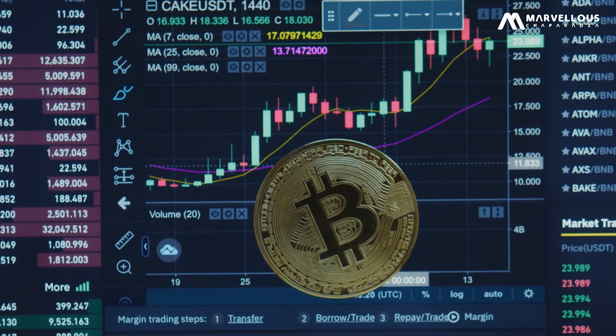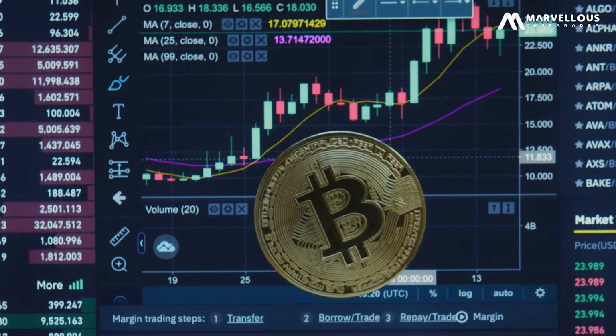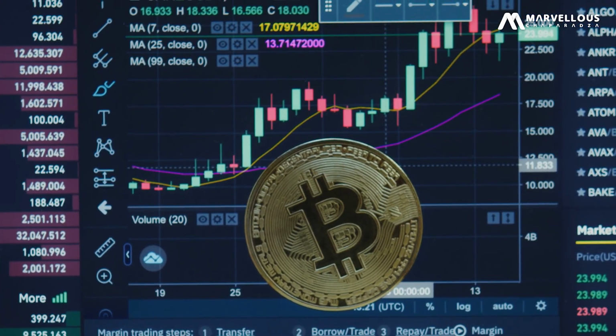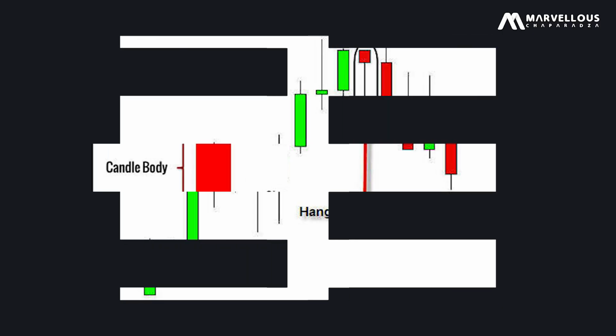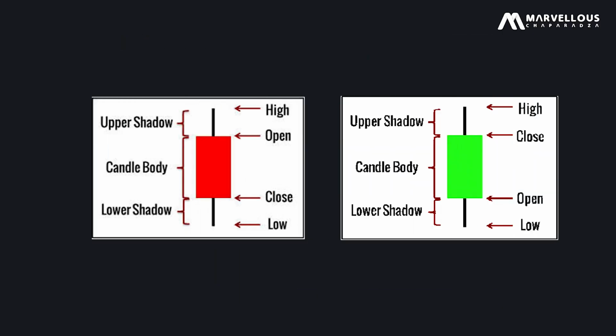If you look closely at the Japanese candlesticks, you will notice that these candlesticks come in different shapes, and these different shapes have different meanings that you might want to know before you start your trading journey. In brief, let's look at the anatomy of the candlestick. So to your left is a red candlestick. So the red candlestick is a bearish candlestick.